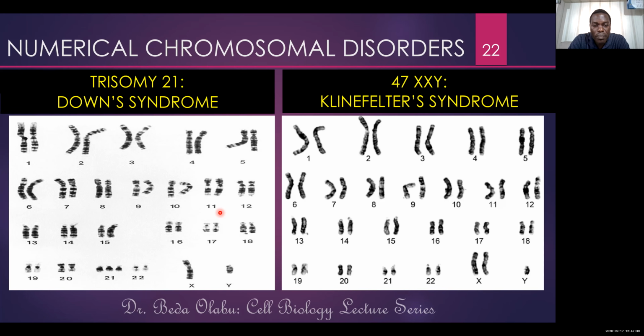So the left one, male or female? Male. Good. How about the right one, male or female? I'll give you the option of both here. Female. Okay. Both of them are male. This one is male.